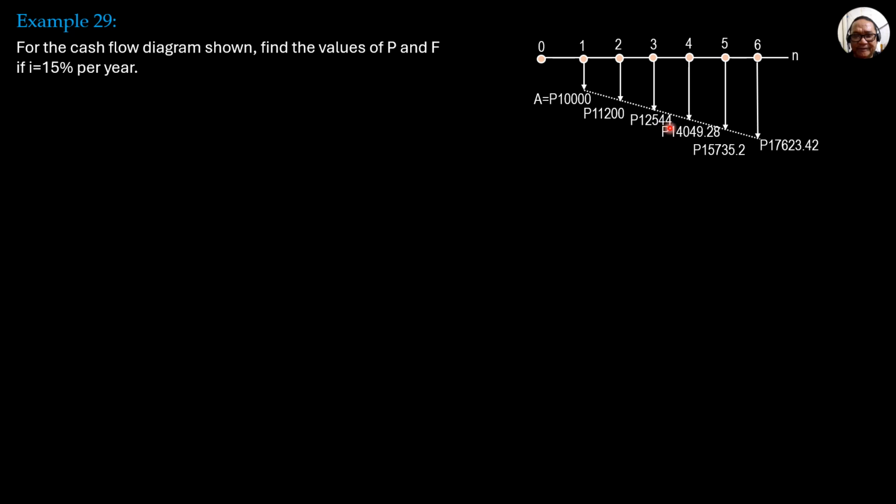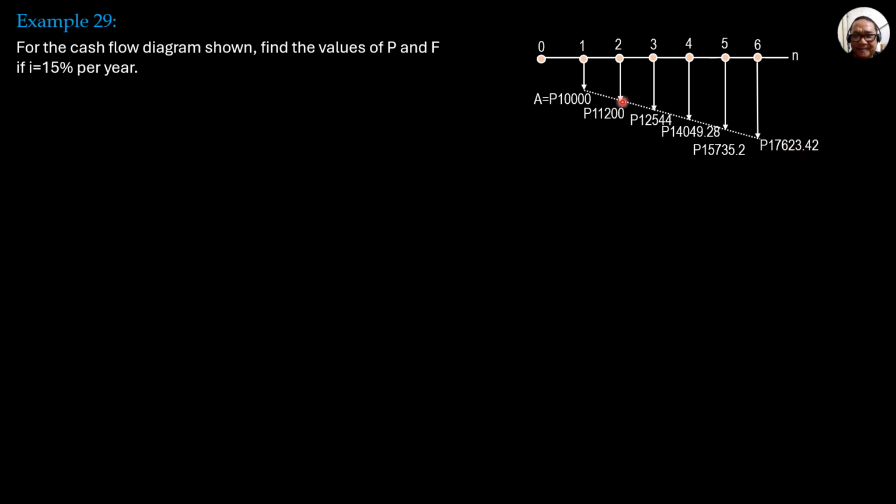Then 12,544 times 1.12 is 14,049.28, times 1.12 is equal to 15,735.2, then 15,735.2 times 1.12 is 17,623.42. Or 10,000 times 1.12, 11,200. 10,000 times 1.12 square, 12,544. 10,000 times 1.12 cube, that's the value. 10,000 times 1.12 to the fourth, that's the value. 10,000 times 1.12 raised to 5, that's the value.